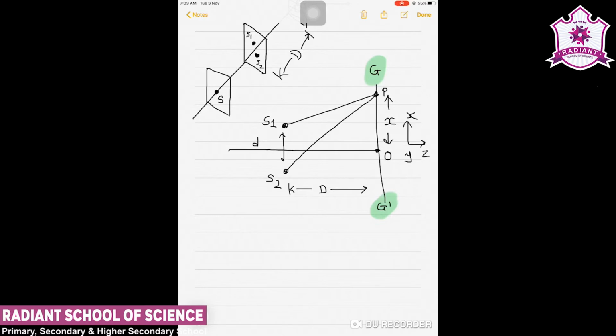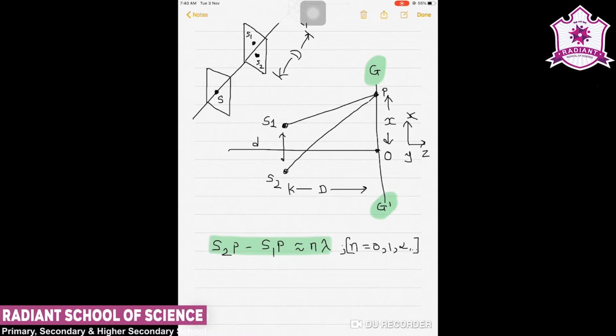So for an arbitrary point P on the line GG dash to correspond to a maximum, we have the condition for the maximum that S2P minus S1P must be equal to n lambda, where n is equal to 0, 1, 2, etc. So this is our equation 1 that we have already discussed earlier. This is called the path difference.